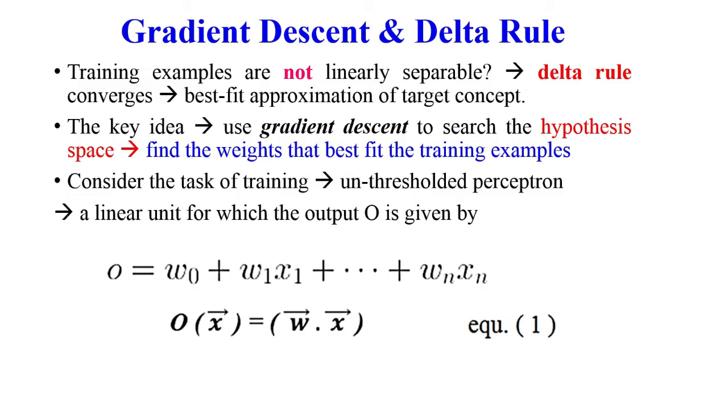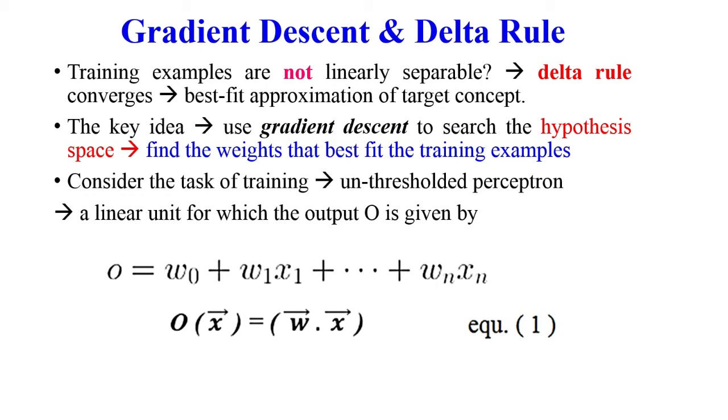If the training examples are not linearly separable, the delta rule converges towards a best fit approximation to the target concept. The key idea behind the delta rule is to use gradient descent to search the hypothesis space of possible weight vectors to find the weights that best fit the training examples.